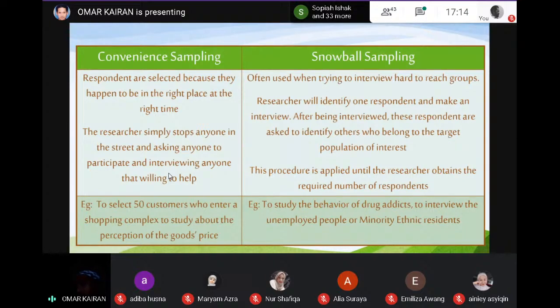Bila masa you interview tu, respondent itu saying that another person also, jiran dia contohnya, pernah kena juga dengue sebelum ni. Jadi that will be the next respondent ataupun the next sample. Maksudnya pass kepada orang lain.